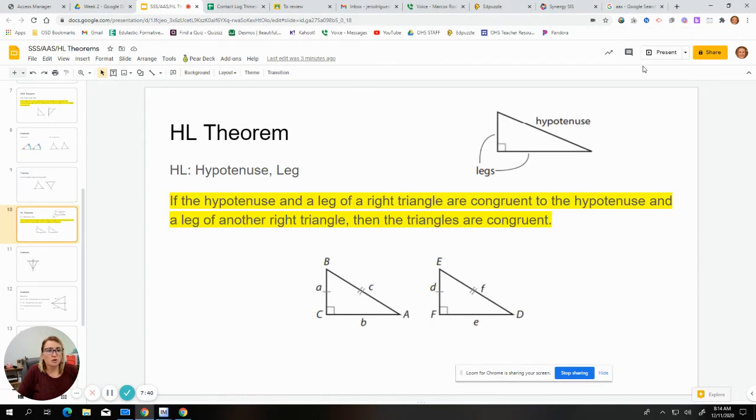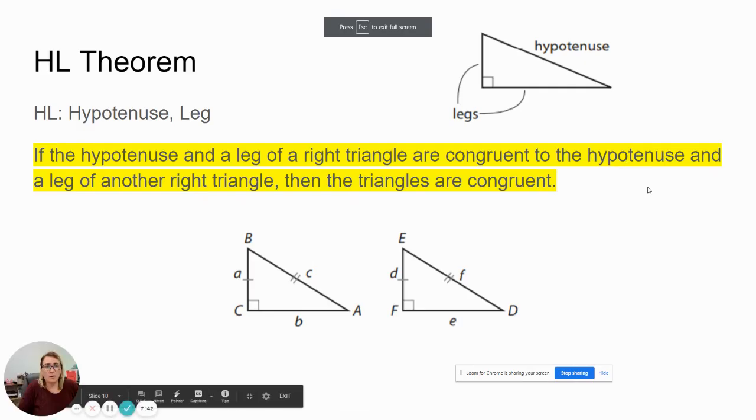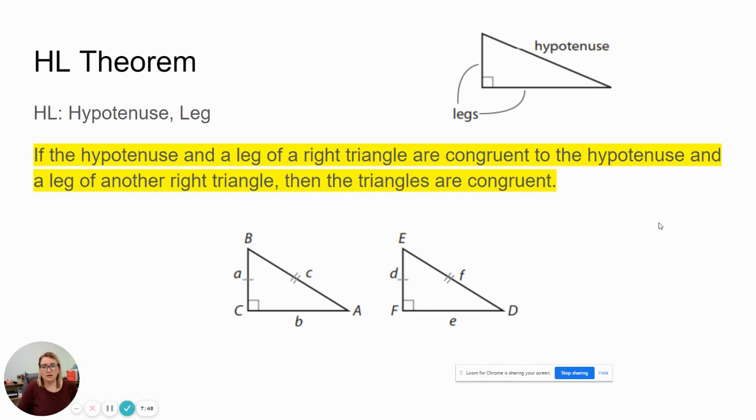Okay? So the last one we're going to talk about is hypotenuse leg, and we're only talking about it with a 90-degree triangle, or a right triangle. It says if the hypotenuse and a leg of one right triangle are congruent to the hypotenuse and a leg of another one, they have to be the same.